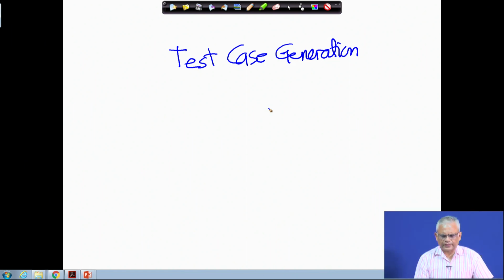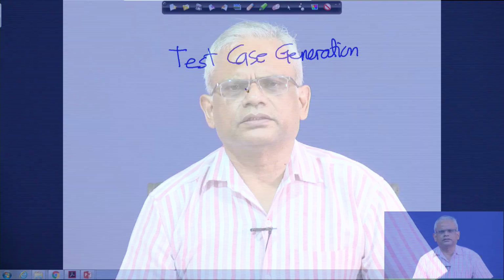So far the test tools that we have do not really generate test data. We can only replay manually designed test cases. We have to design the test data manually and we can only replay that.